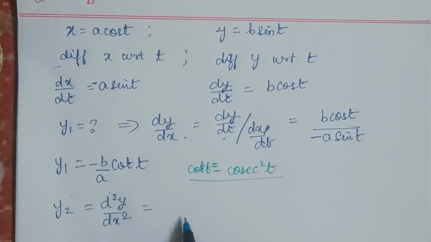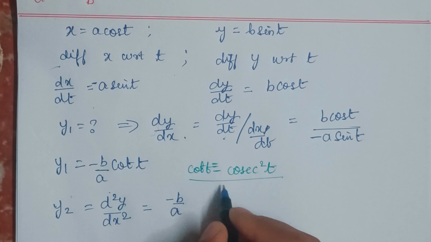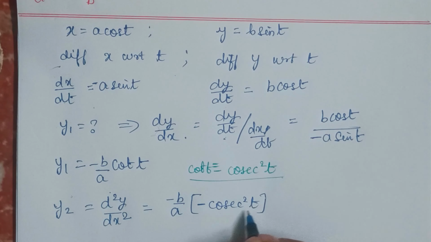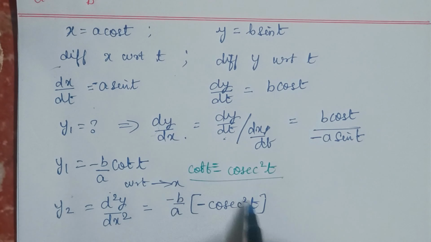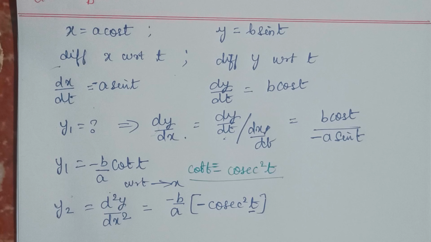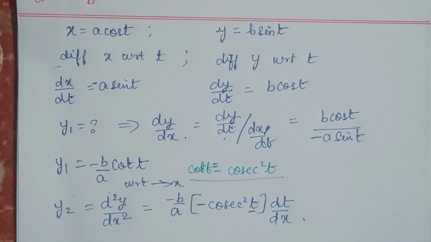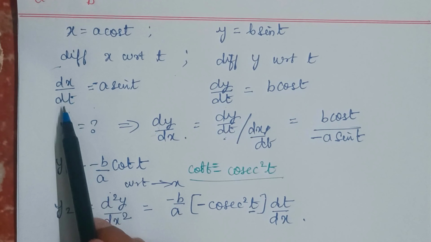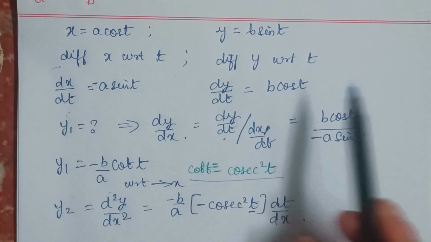So I can write this as minus b by a is a constant. So I'll write that as it is. And then it will become minus cosecant square t. Now I'm differentiating this with respect to x. With respect to x. So I have t here. So I have to differentiate this t with respect to x again. Correct? So I will differentiate t with respect to x. So here I have dx by dt. Correct? So this dx by dt, what I'll do is I'll take the reciprocal.